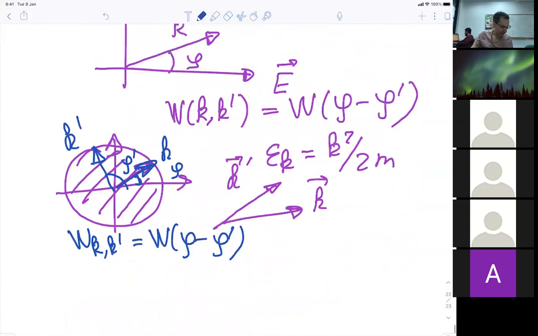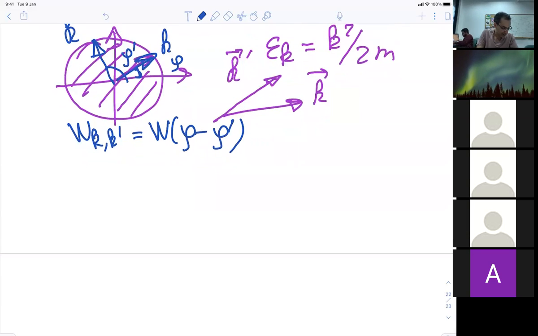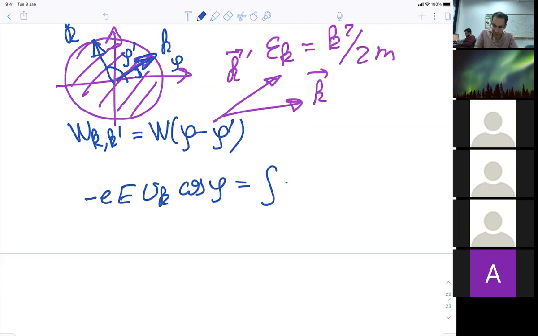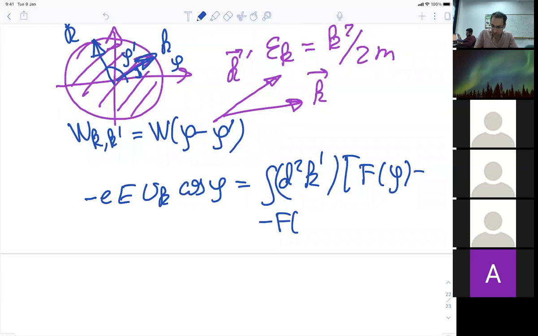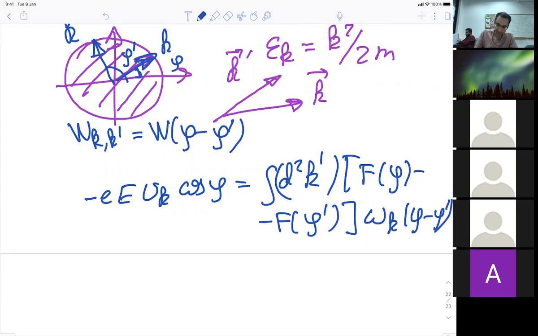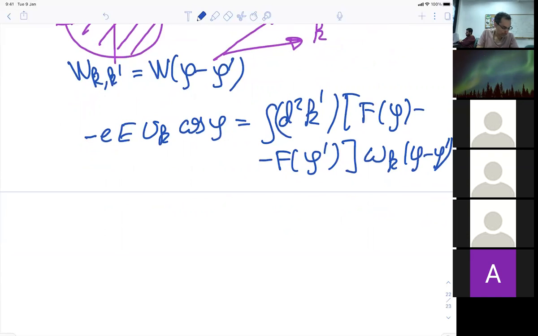Okay, so this is my equation. And in these notations, it means minus E times electric field times V_k times cosine phi is equal to the integral over d k prime of f of phi minus f of phi prime times w between phi and phi prime.